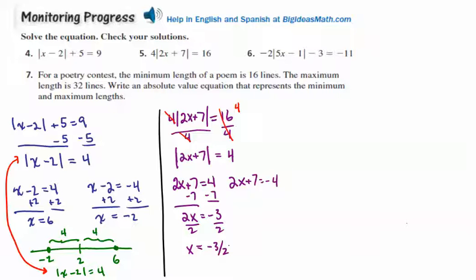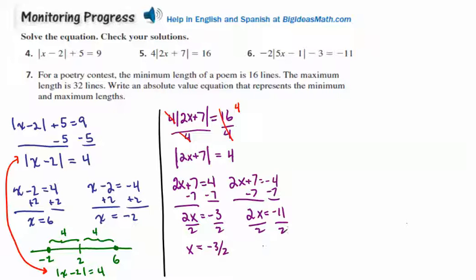Now I'm not going to ask you to graph this type because there's a number times 2, and everything doesn't divide evenly. So we're not going to get that complicated at this stage of the game. Solving the second equation, we subtract 7, and we get 2x is equal to negative 11.